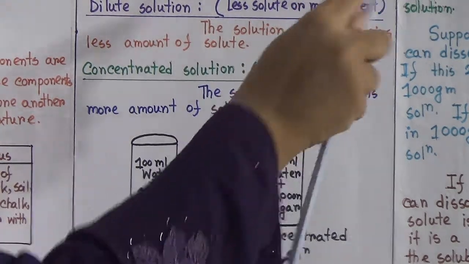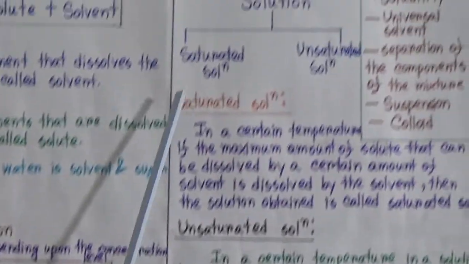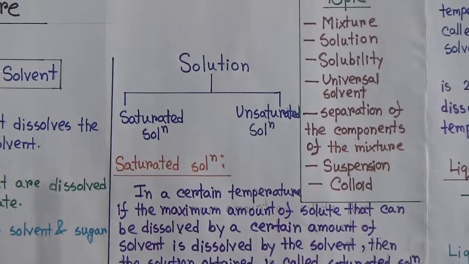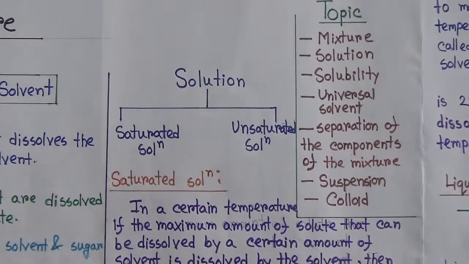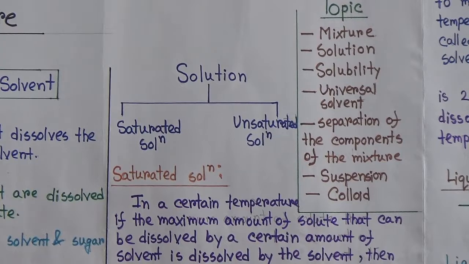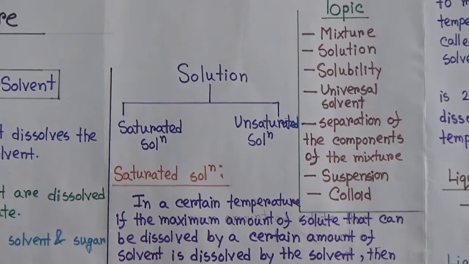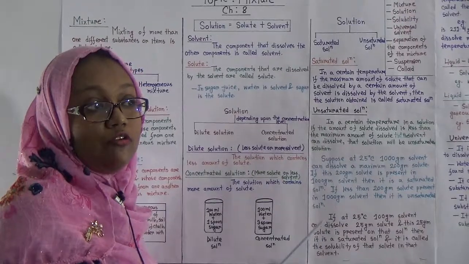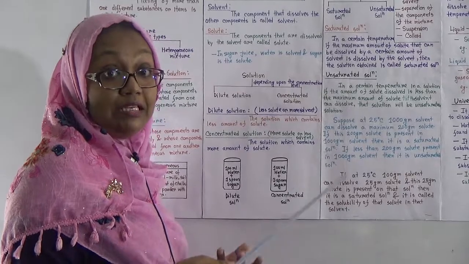Now come to another type of solution. One is saturated solution, another is unsaturated solution. In chemistry, when we do any experiment, temperature is very important, because due to temperature the capacity of any solution will change.